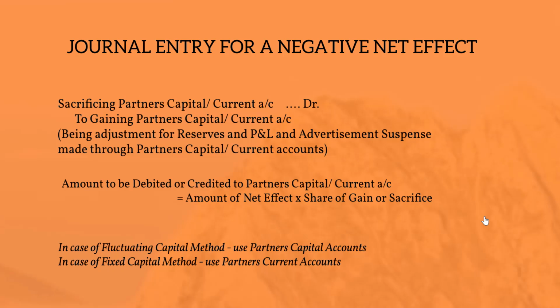And as always, the partner's capital account is used for fluctuating capital method and partner's current account is used in case of fixed capital method.